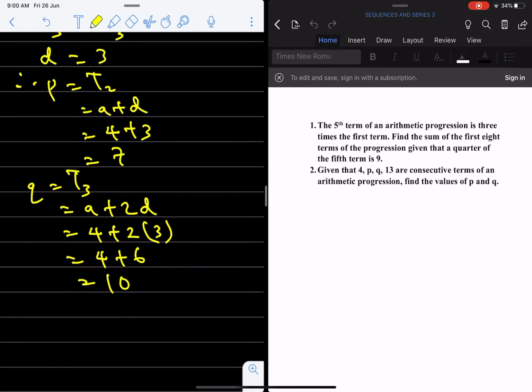Therefore P equals 7 and Q equals 10. Now that's it, very, very simply.